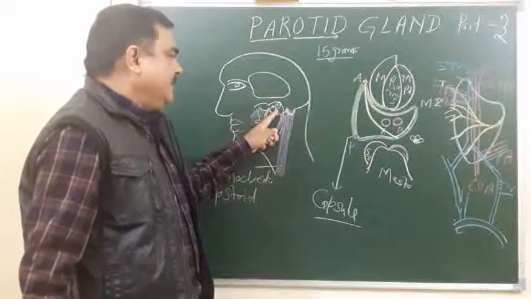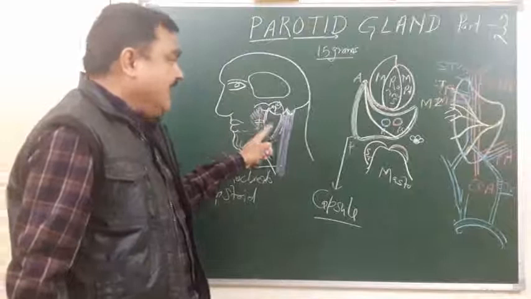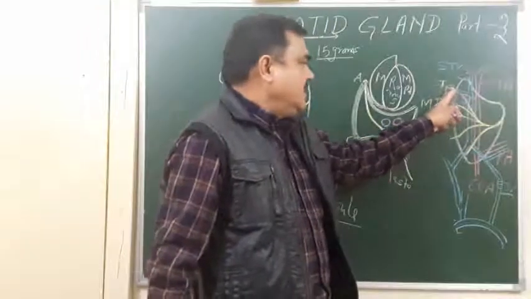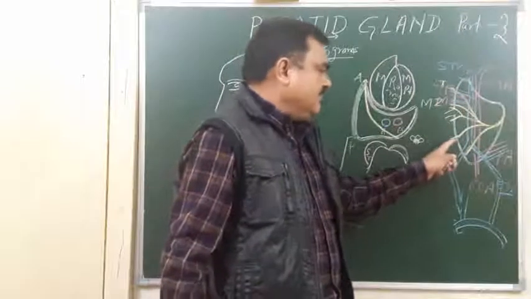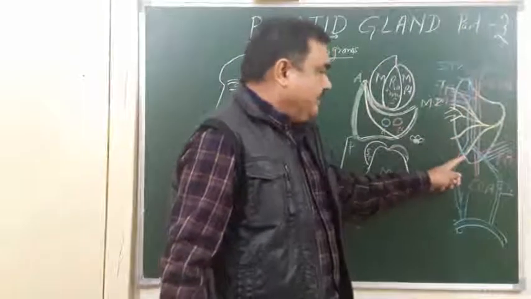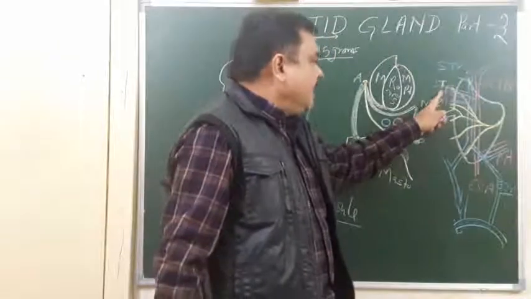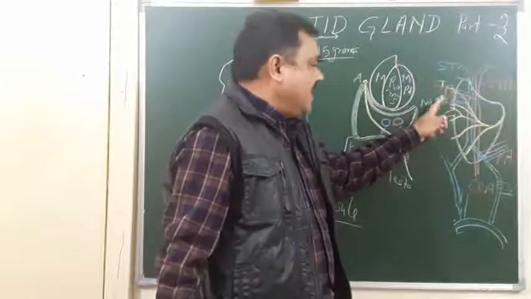Here, the anterior border is related with the parotid duct, and these branches of the facial nerve: temporal, zygomatic, upper buccal, lower buccal, mandibular and cervical. Here also are the transverse facial artery and vein, and maxillary artery and vein.